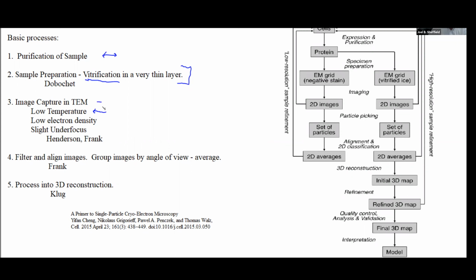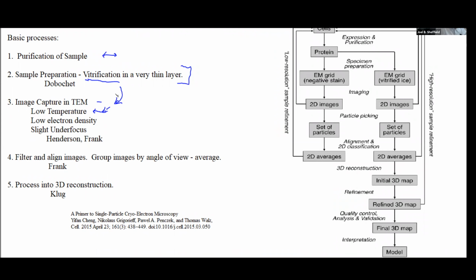And that was one of the criteria that one needed, because the idea was you would take this frozen sample and transfer it to the electron microscope, hopefully without it melting. And you'd have to have a little device to keep it cold all the way through, and then into the electron microscope where it would be kept cold.